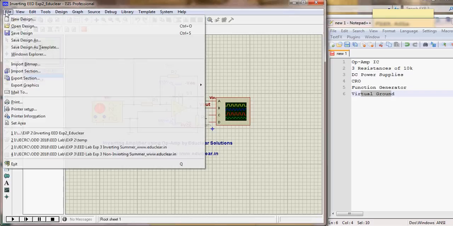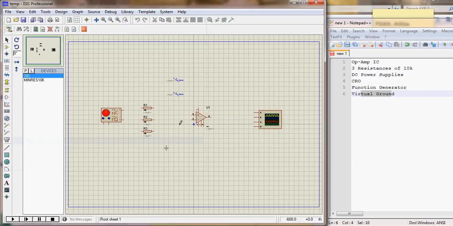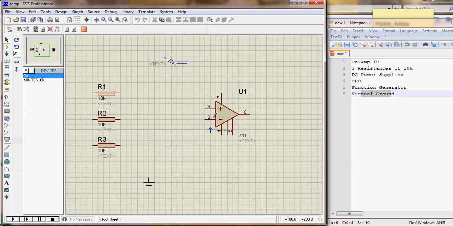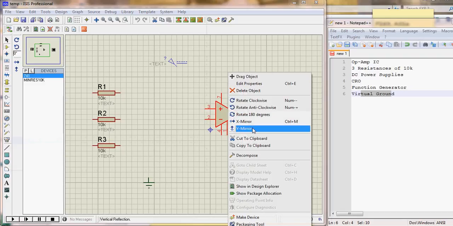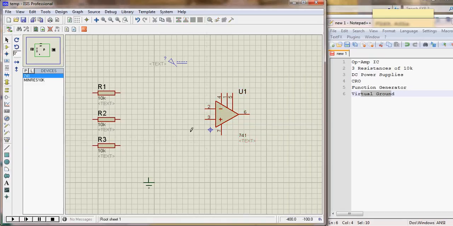So we do the same with our temporary circuit. Here the non-inverting terminal is at upper side, so we can rotate it with Y mirror. Now let's put it with the ground. Or we can do one more thing, make it near to it.